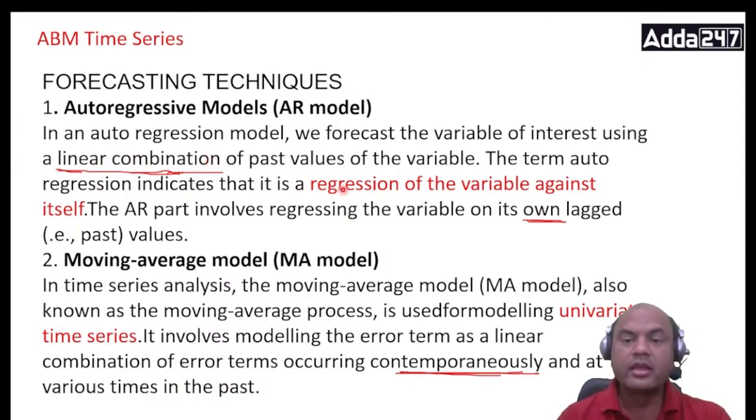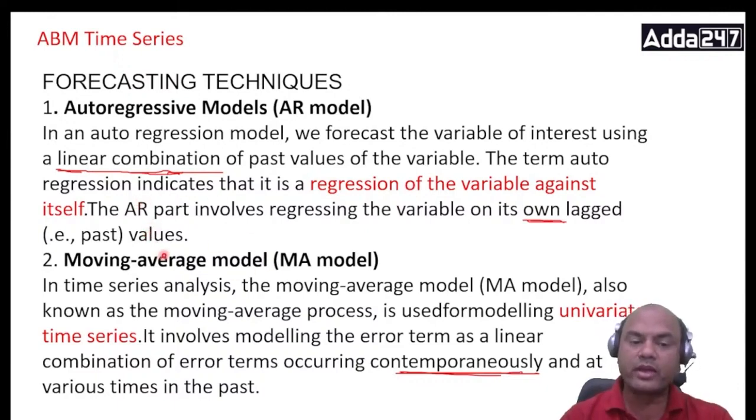Remember this word which I have highlighted. In exam, the auto-regressive model will have this word, linear combination. The term auto-regressive indicates a regression of the variable against itself. The AR part involves regression of the variable on its own lagged values. Lagged means what? Past values. These two sentences are the same: against itself and lagged values.